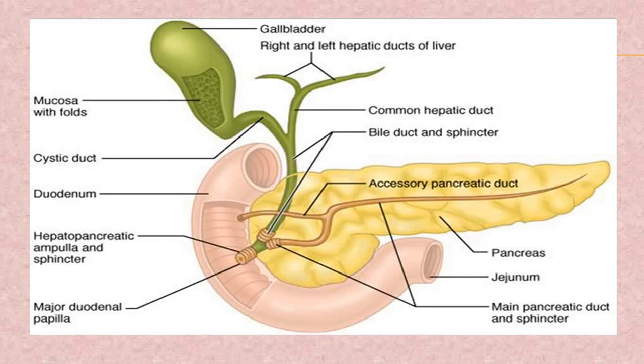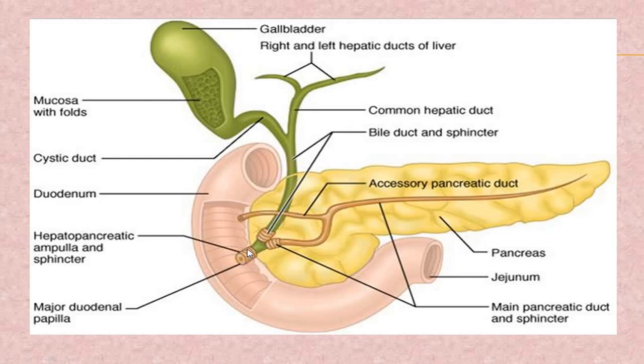In this figure you can see this is the gallbladder, and the duct which arises from the gallbladder is the cystic duct, which combines with the common hepatic duct, and then both combine to form this common bile duct, which opens at this ampulla, and this opening is guarded by the hepatopancreatic sphincter.